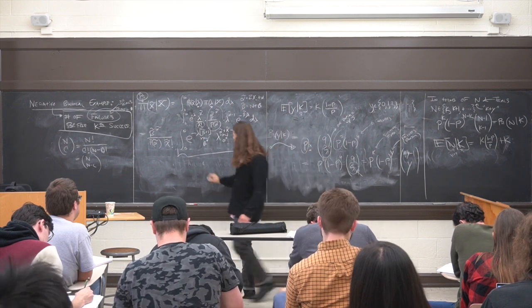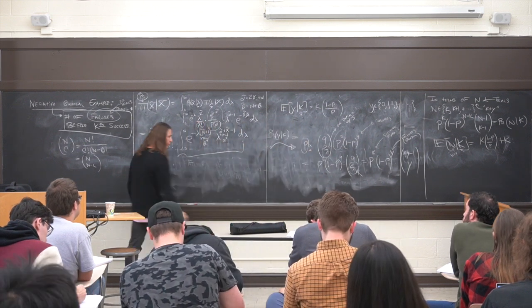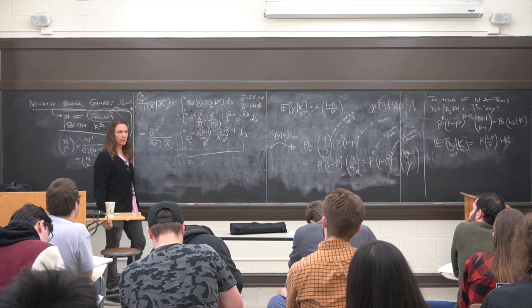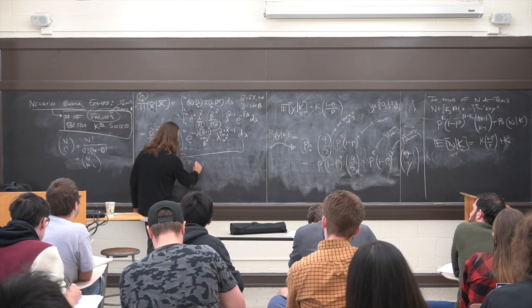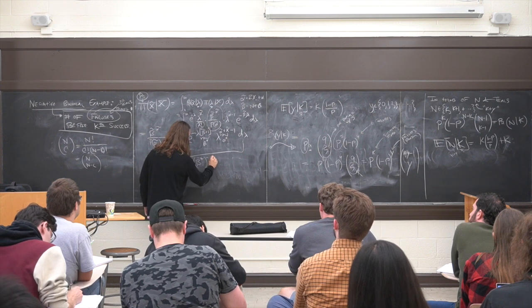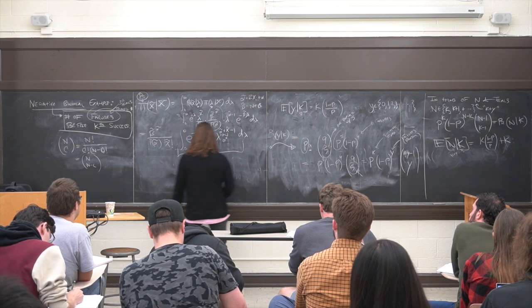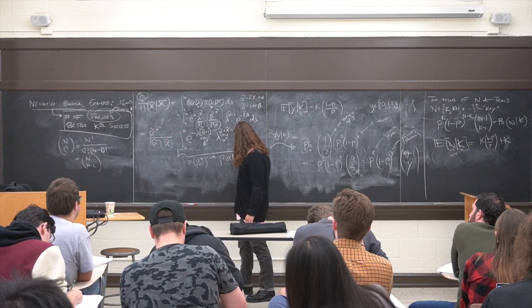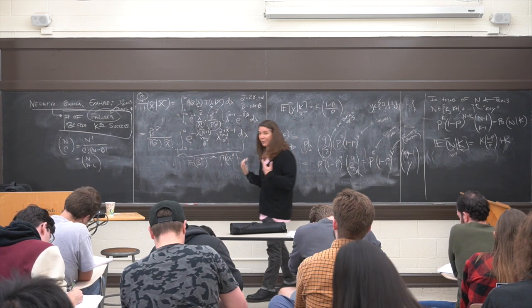So what's this integral equal to? Beta star to the minus alpha star, times gamma alpha star. And there's our answer.